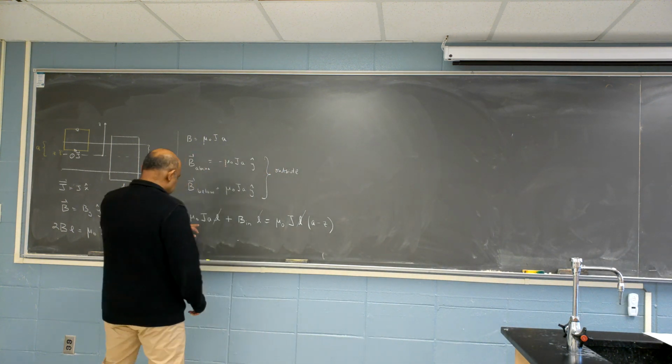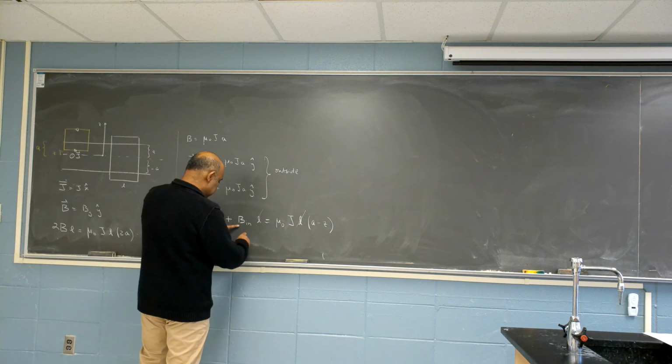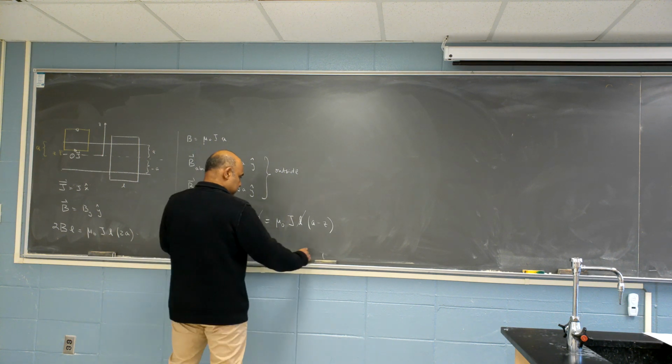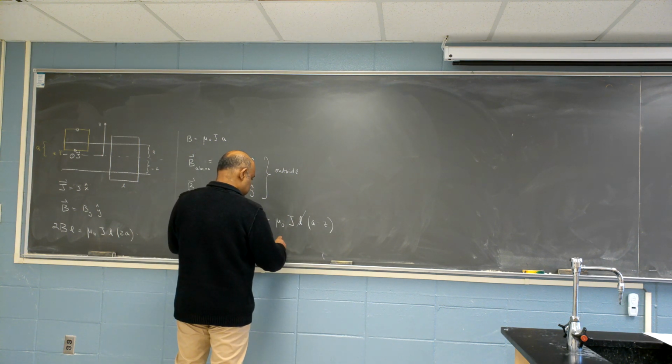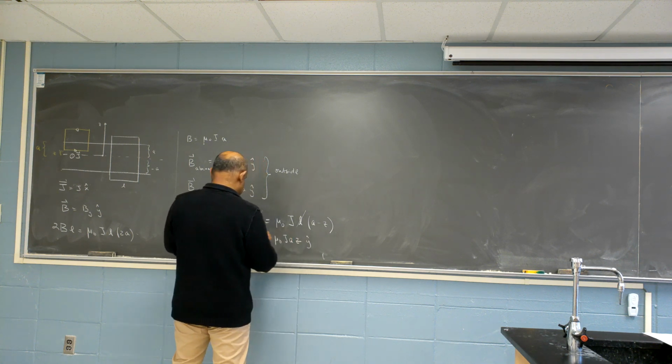And in fact, this term and this term are exactly the same, so I would get B inside to be minus mu 0 J A Z.